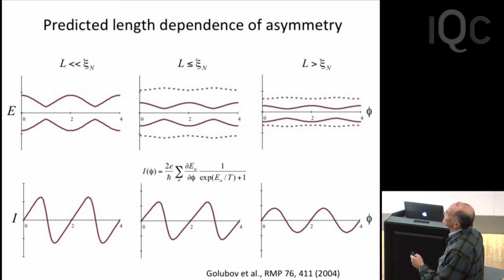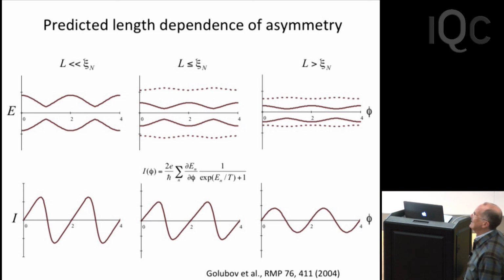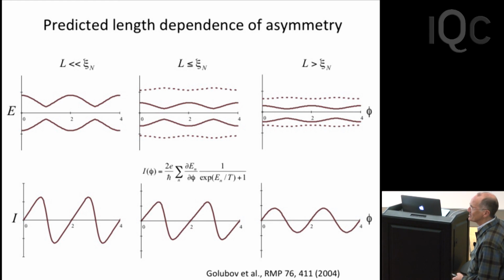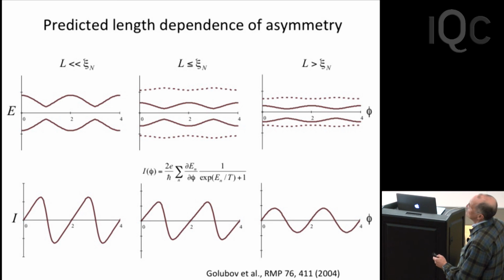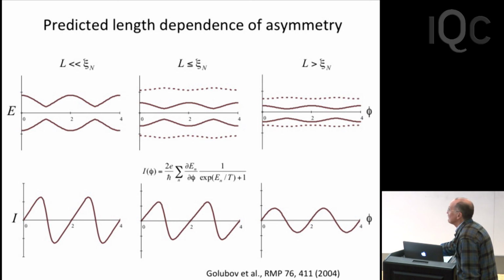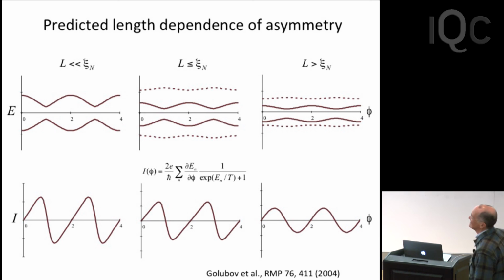As you go to longer junctions, then you expect to see a more sinusoidal current phase relationship. It's at least consistent that what we're seeing is that our junctions are not long enough, that we're in the limit where we're less than a coherence length, and that tells you something about what the coherence length is.